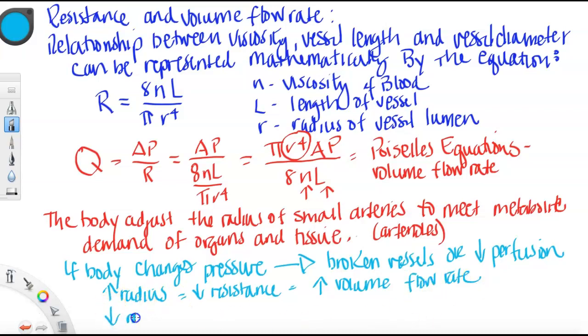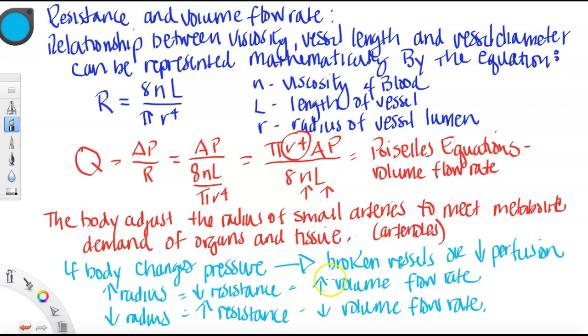Okay, a decreased radius is increased resistance and will decrease volume flow rate. So that is going to be through vasodilation and vasoconstriction.